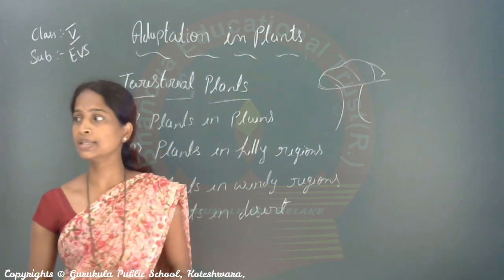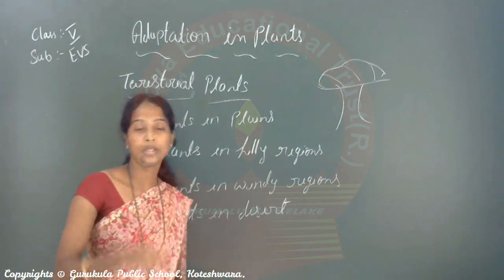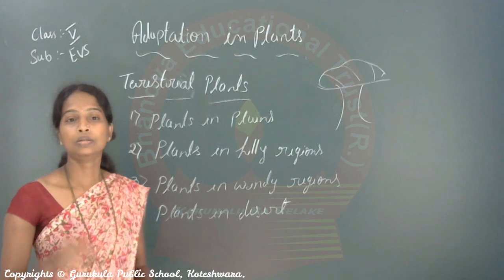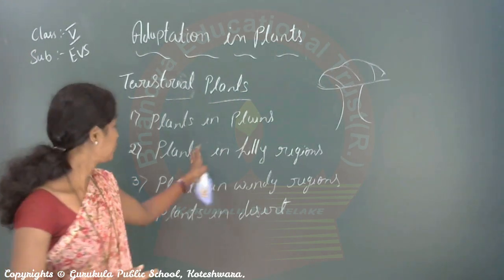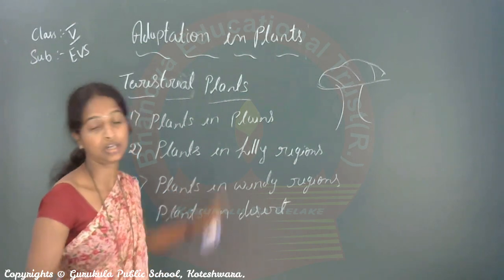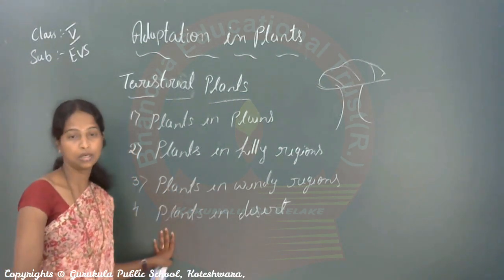These conditions mean little water and little rainfall, and they are adjusted to the weather condition. So they grow in the desert.